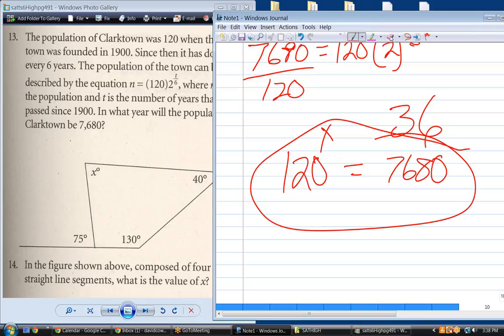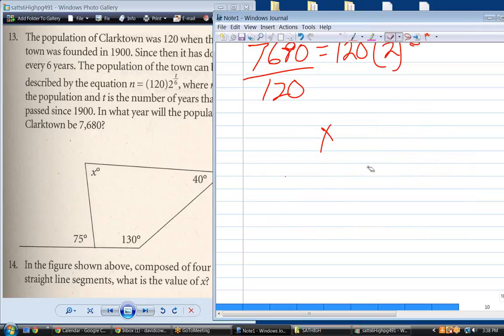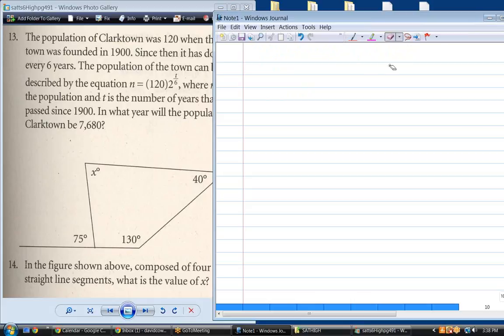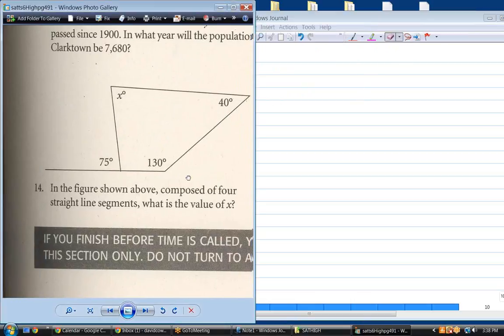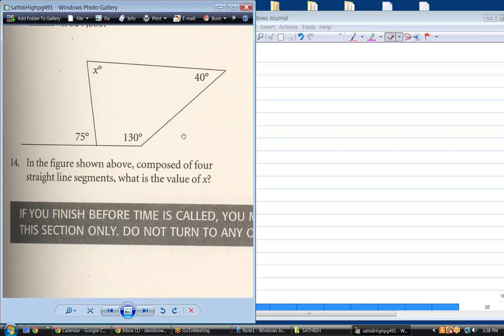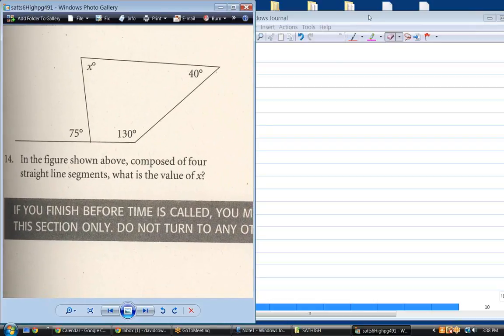It's a log problem. All right. Yeah. Not sure there's a way to do it without bringing in logs at some level. I don't think there is, but that surprises me because I don't remember logs being part of the SAT. The SAT subject test for sure, but I didn't think part of the SAT regular test.